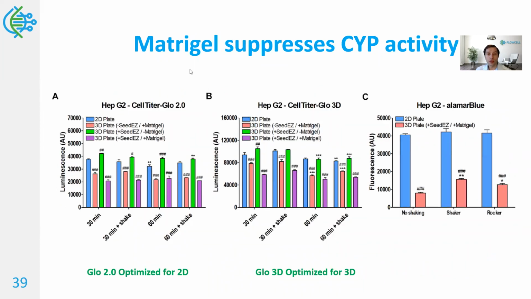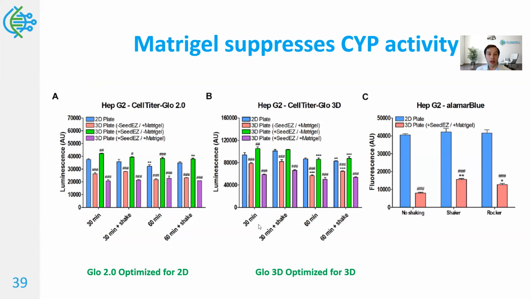The gel that I mentioned previously, Matrigel, actually has a suppressing activity, as you can see from going down from blue to red and then from green to purple. In all these cases, the presence of Matrigel suppresses activity in two-dimensional with two-dimensional reagents, or those that are optimized for organoids in 3 dimensions.